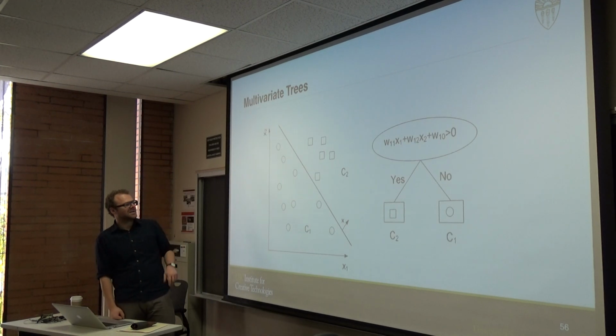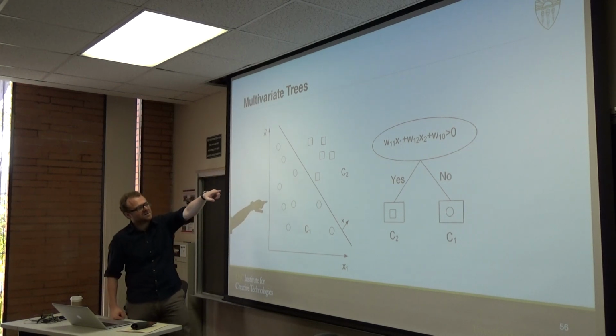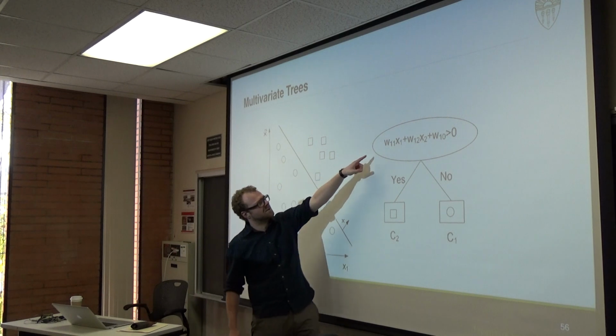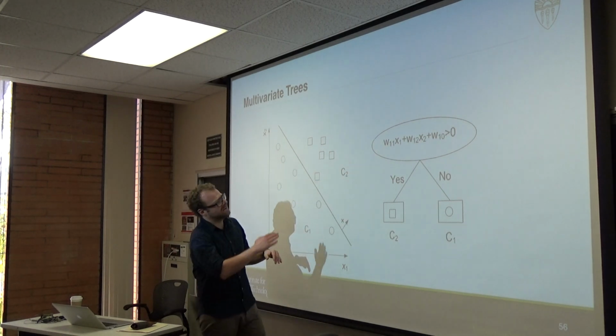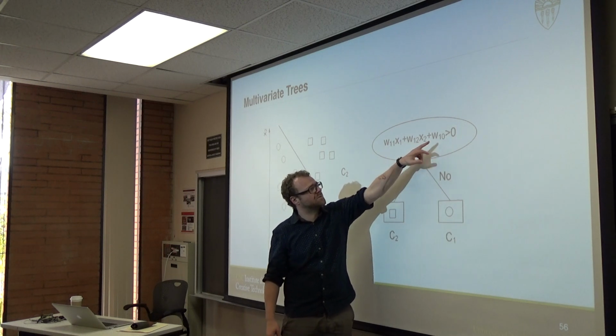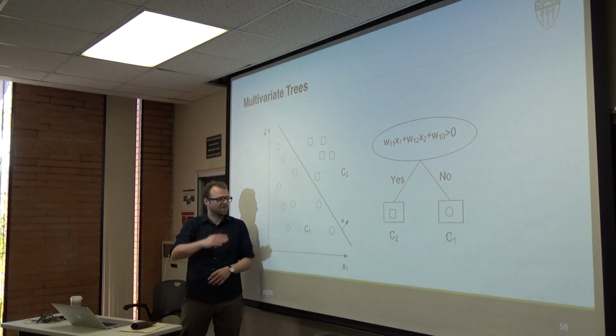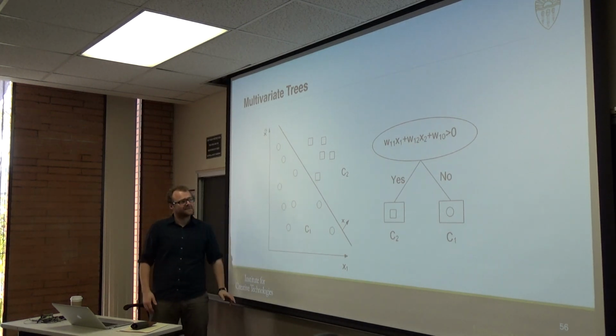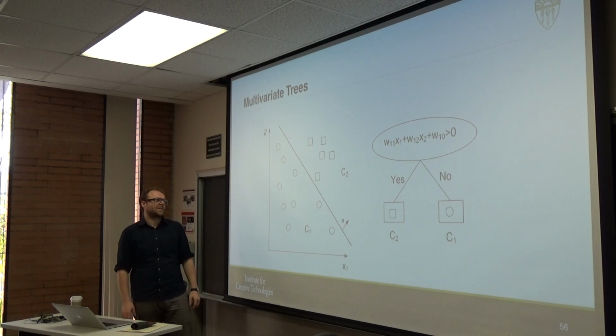And for the example that we had in the beginning, you basically just come up with this linear function here, which has a weight for x1, for x2, and a bias to move it away from here. Right? So you can come up with more and more complex decision nodes here.